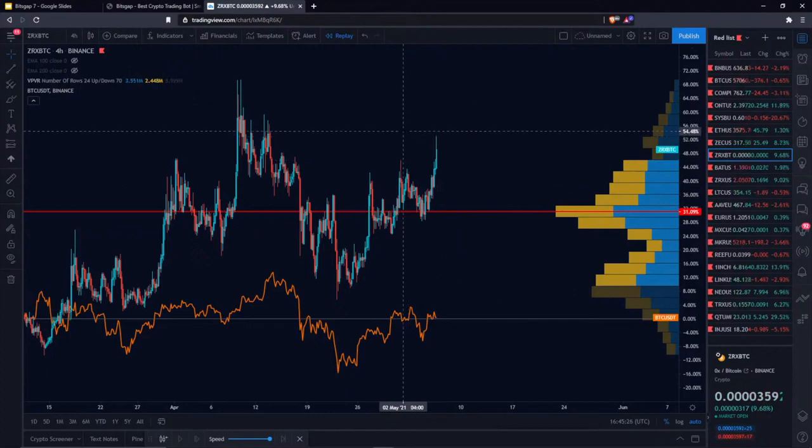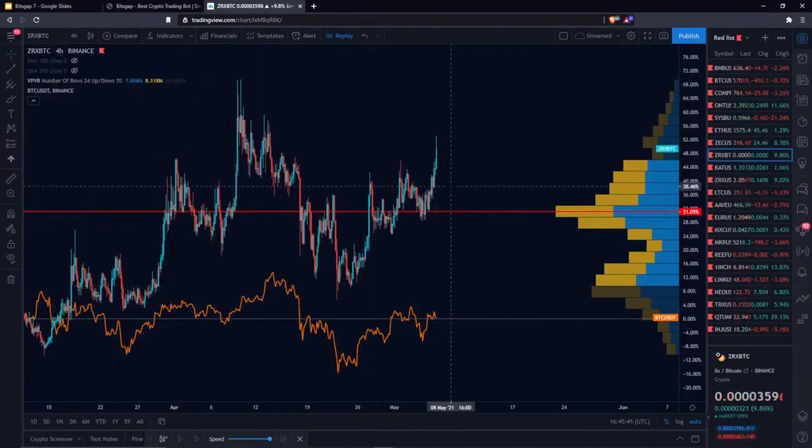There are different techniques that you can use to rationalize your trading strategies. For me, I use the volume profile, resistance and support lines.